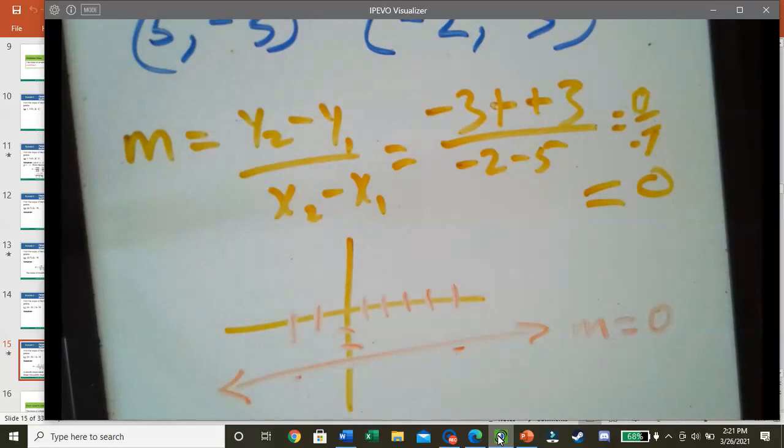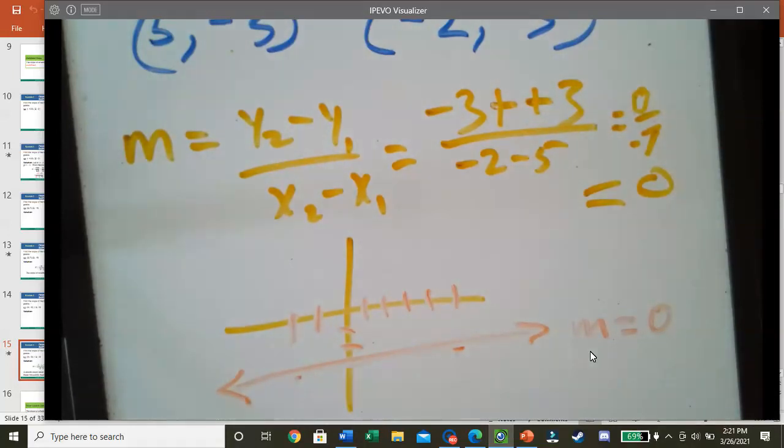Because it did not move, the y values are not changing up, not changing down. So slope is a change in the y values as we're moving horizontally. But if there's no change in the y values, no change in the height, then slope is 0.